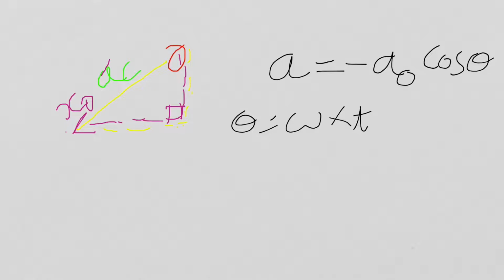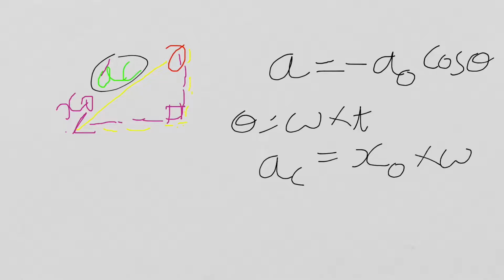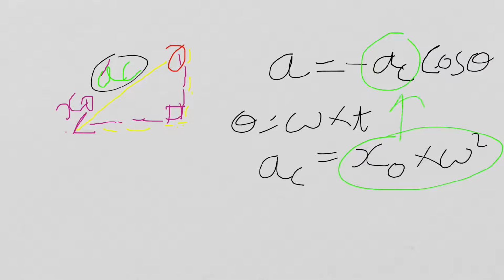The maximum acceleration is the centripetal acceleration, which is given by maximum displacement into omega square. We can substitute this value in equation number 1, so acceleration equals minus maximum displacement into omega square, and then cos theta.